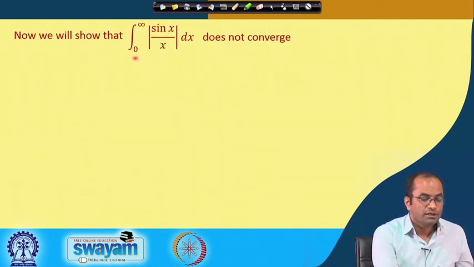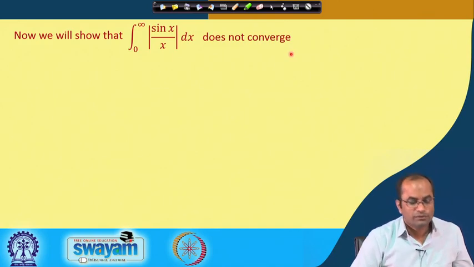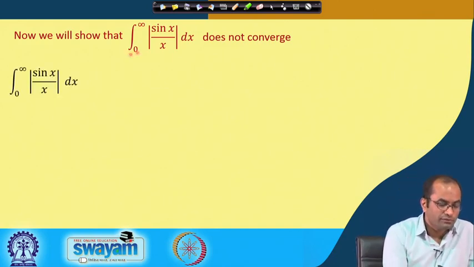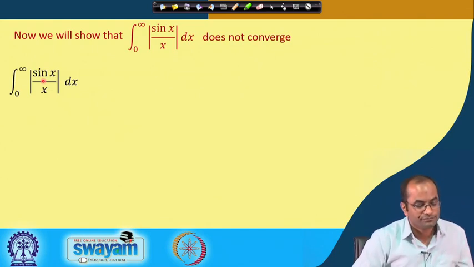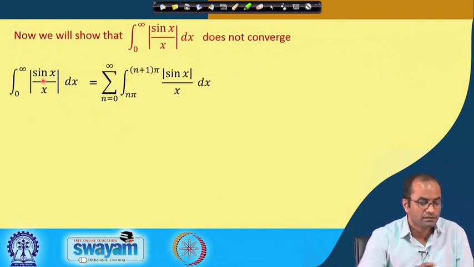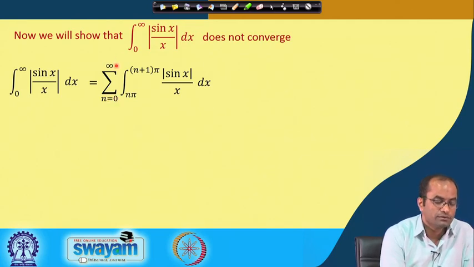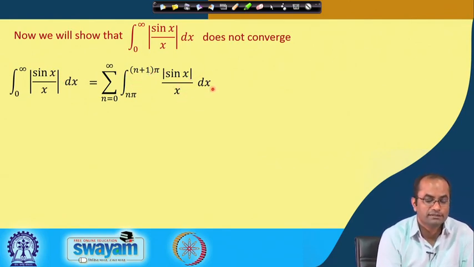Here we will show now that this integral does not converge, and this is a bit involved. We take the absolute value of sin x over x dx, and we write it as a sum over n going from 0 to infinity of the integral from n pi to n plus 1 pi of the absolute value of sin x over x dx.